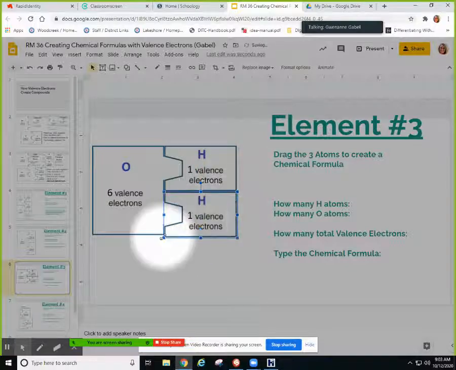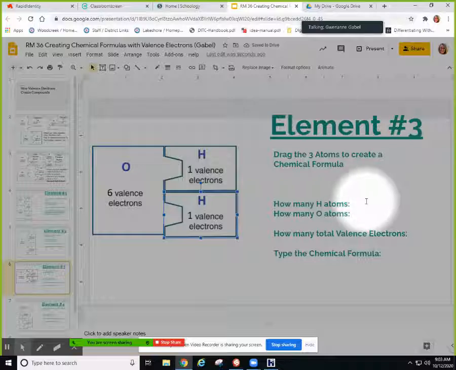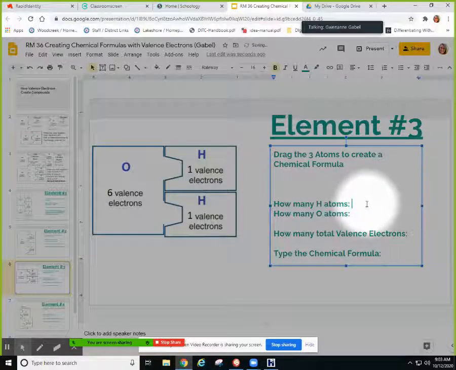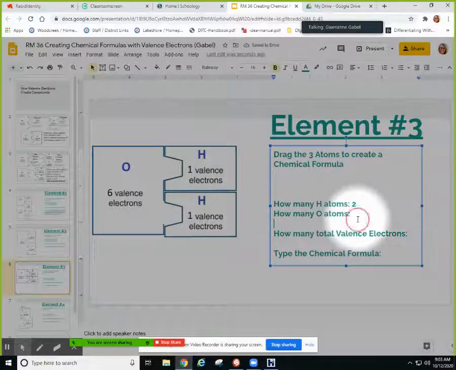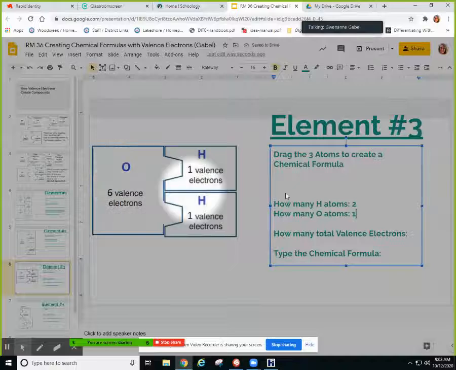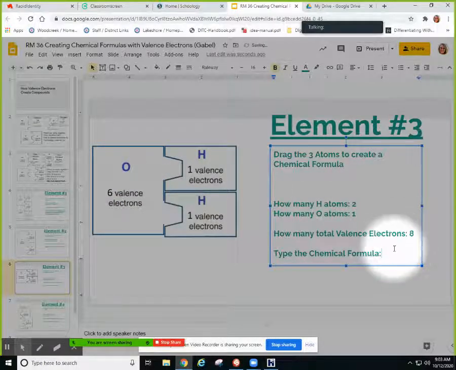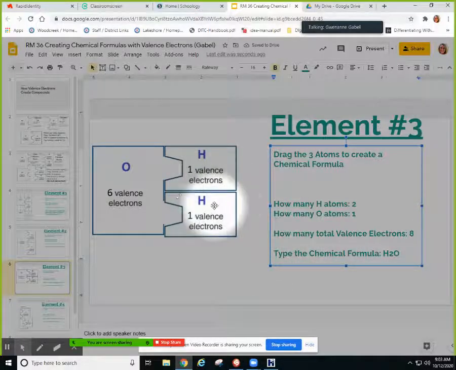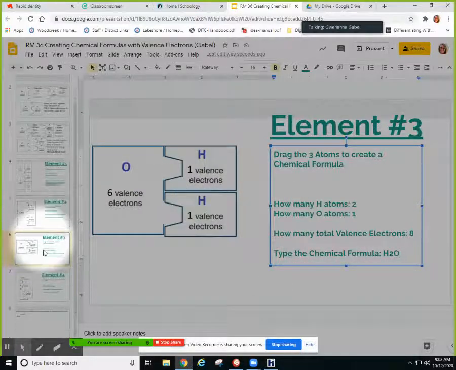Water is almost never alone either. So 6, 7, 8. So we have 2 atoms of hydrogen, 1, 2. And we have 1 atom of oxygen with 8 total valence electrons. And this is hydrogen and oxygen. It's H2O. Okay?